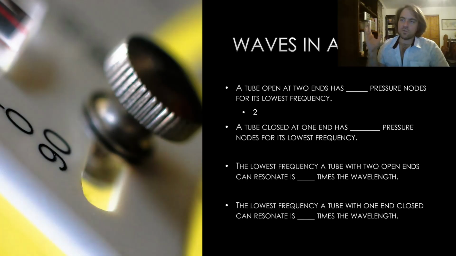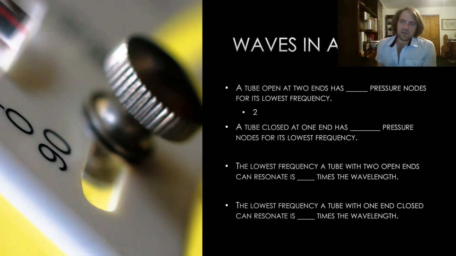It's 2 pressure nodes. One at one end of the tube and one at the other end. I say for the lowest frequency because for any higher frequencies, you'll cram more pressure nodes into the tube, but at the lowest, you have a pressure node at each end.